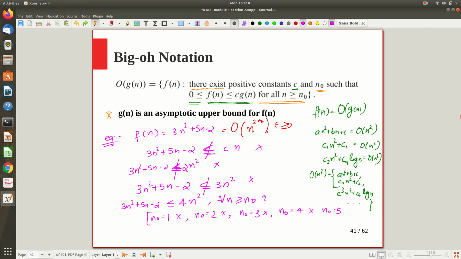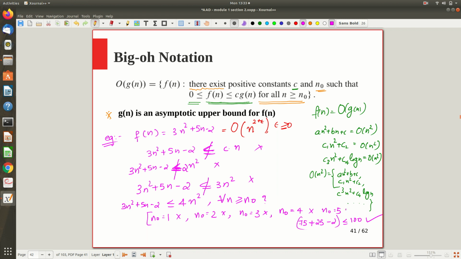So 25 into 3 is 75, plus 5 into 5 is 25, minus 2. Is it less than or equal to 4 into 25, 100? Yes, this is true, right? Because 75 plus 25 is 100, so this is 98. Fine, so this is going to work.